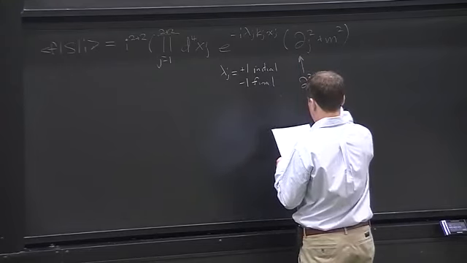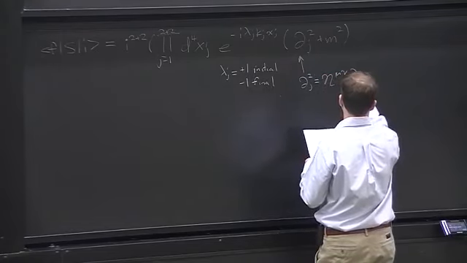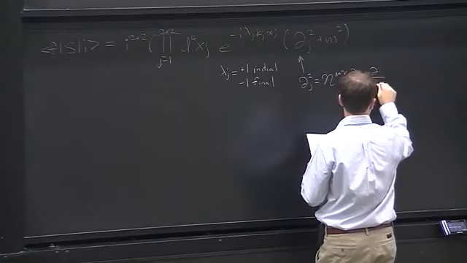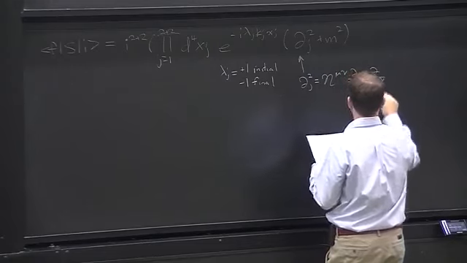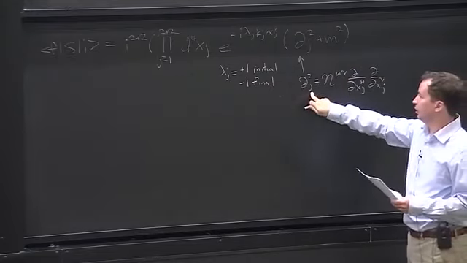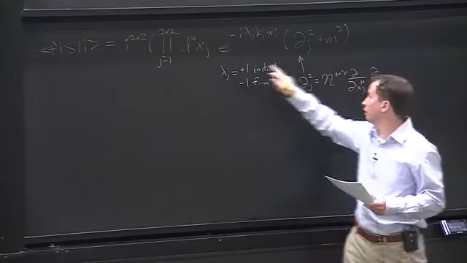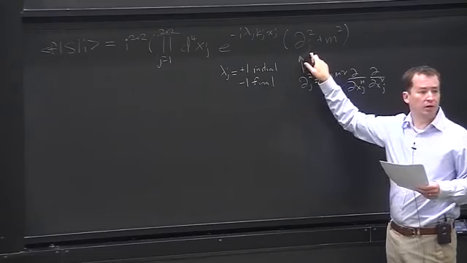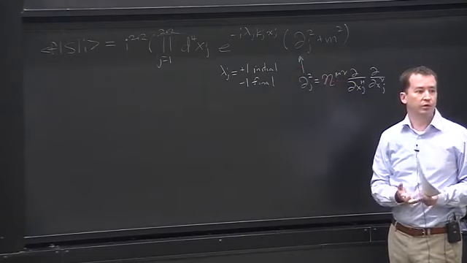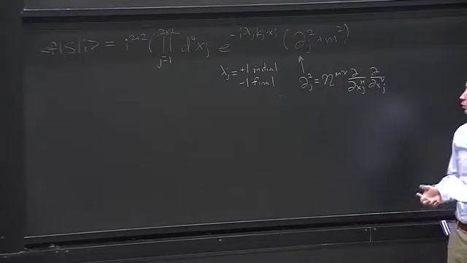My notation here is that d_j squared is eta mu nu d/dx^mu_j d/dx^nu_j. This label indicates which of the x's this is acting on. This label j is not indicating which component of the space-time position vector we're working with.